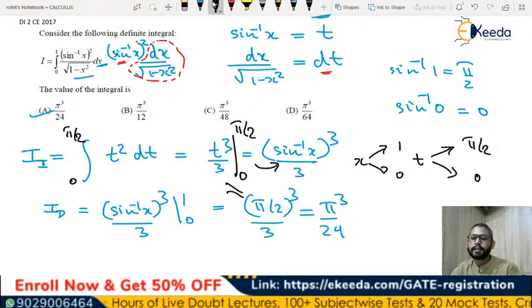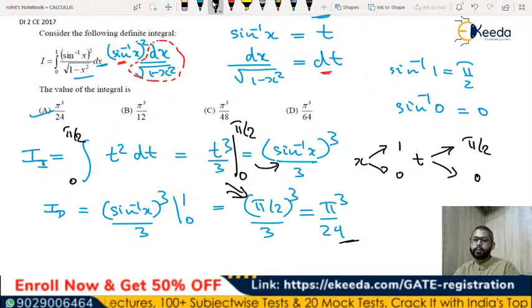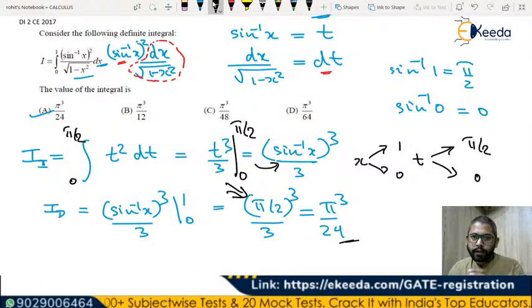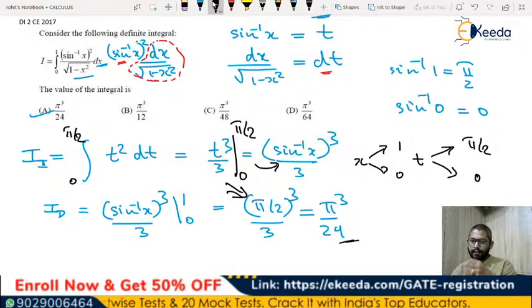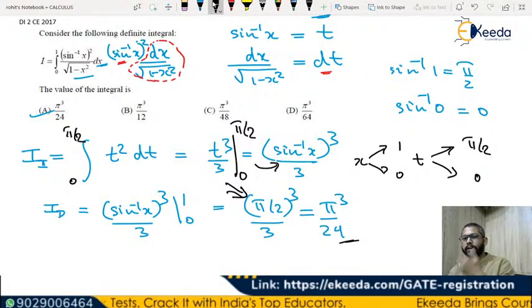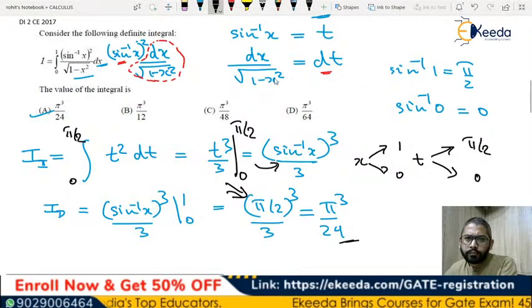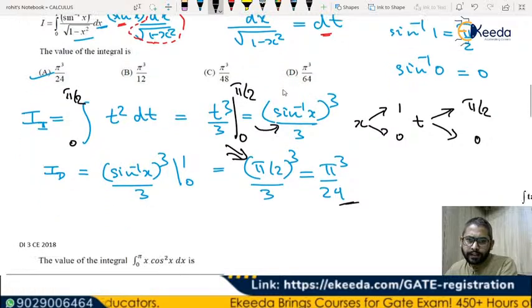Then also you'll get the same answer again, right? So it is up to you. If you have any confusion putting the new limits, you can substitute the parameter back to the original and then put the limits. So the answer is A.